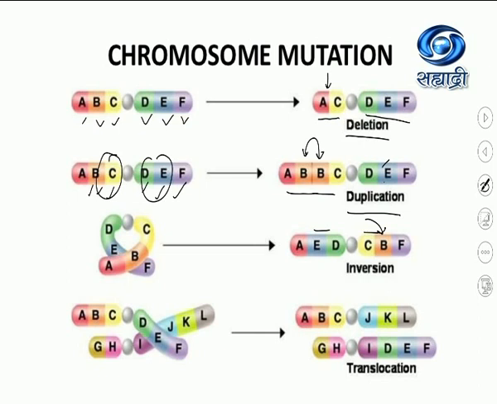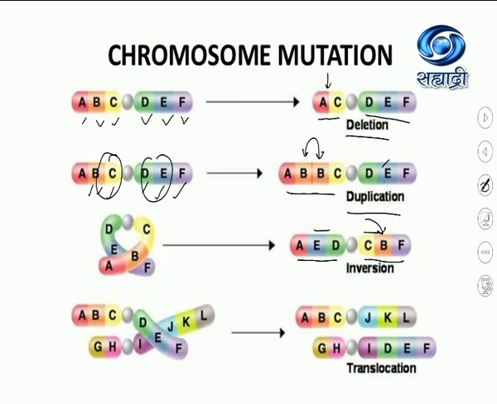DE also broke, got inverted, and became ED, and now the entire gene sequence changed because of the 180-degree turn. Instead of ABC, DEF, it is becoming AED, CBF. Imagine so much change in the sequence of the genes. A new type of amino acid protein will be formed and a totally different phenotype will occur. So that is inversion.